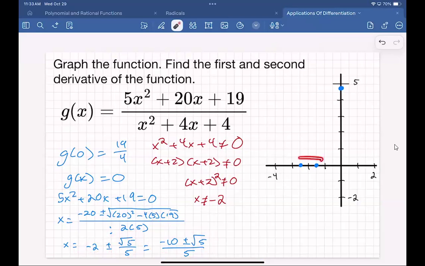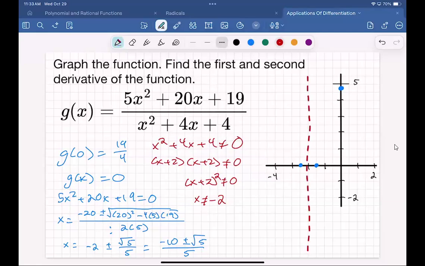Now, what's going on in between these, right? Well, more than likely, we can't plug in -2 because I can't have 0 in the denominator, right? I could not factor this, which means I definitely know, one of those things we have to take from college algebra is that there's an asymptote here that I have to be aware of.